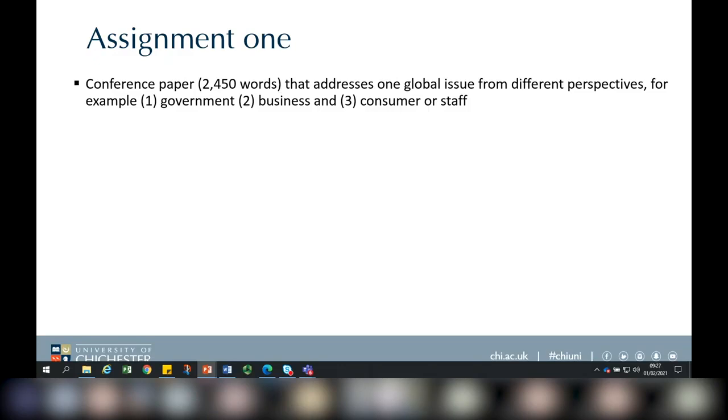So it might be that the government's doing something in, let's say, Brexit and the supply chain. You're looking at that. So you might have a perspective, what is the government doing? Why is this an important issue for the government to address? But then also look at it from a business and a consumer perspective. So you're not having a flat document just on one perspective.